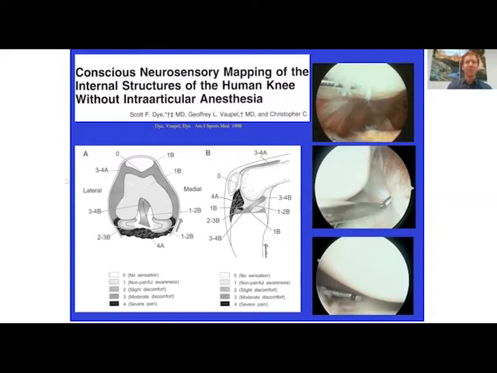So one of my mentors, when I was going through training in San Francisco, had just local anesthesia in his knee just for the incisions, but had one of his friends and colleagues do a knee arthroscopy while he was awake. And he could describe what hurt and what didn't. It's a very famous paper amongst orthopedic surgeons, because it is quite bold and noble to allow somebody to do this to you. But he mapped his own knee, and whatever is dark in the knee is very sensitive.